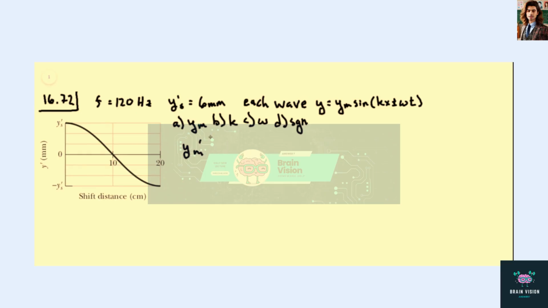it's helpful to use this equation from the chapter that tells you the amplitude of a resultant wave as a function of the phase difference between two identical waves.